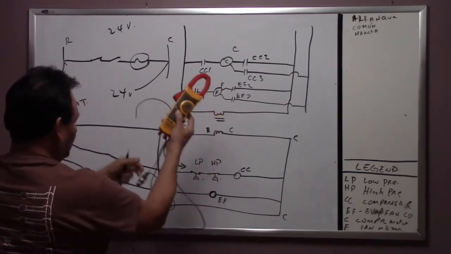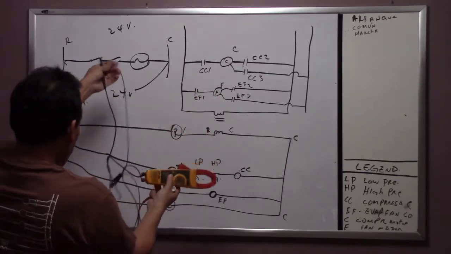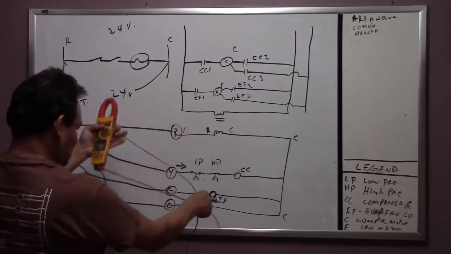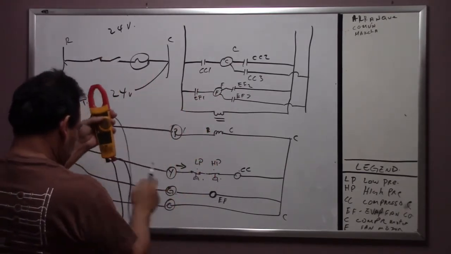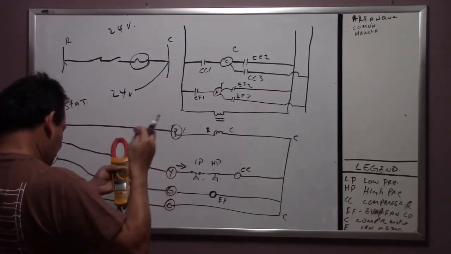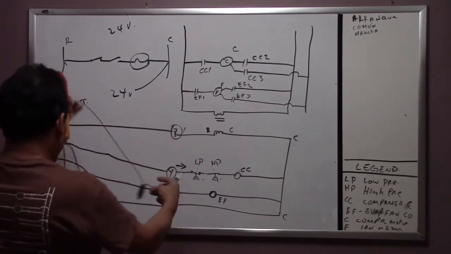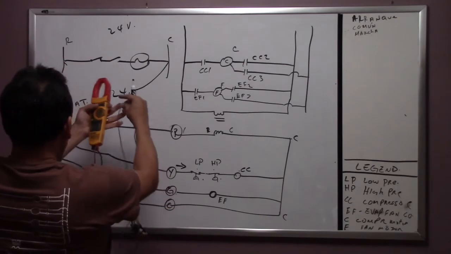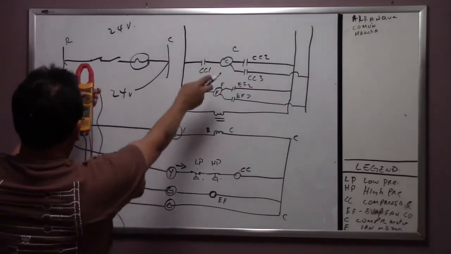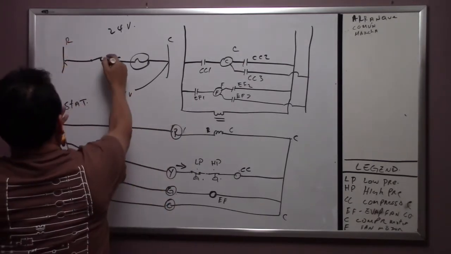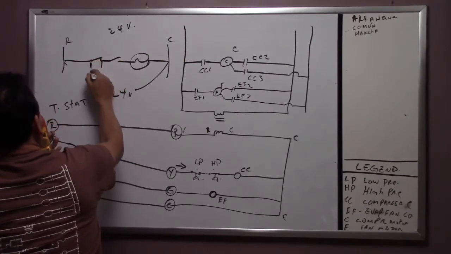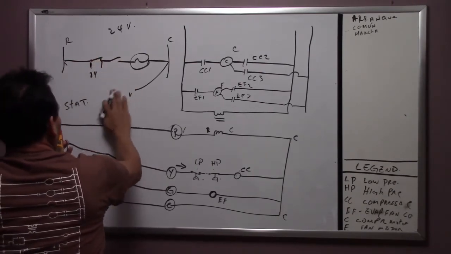The next one, the low pressure switch, we're going to check one here, sorry. We're going to check from one side here, okay, 24 volts. Now the other side from common to here, so over here you get 24 volts, okay? Right now we're going to be here.